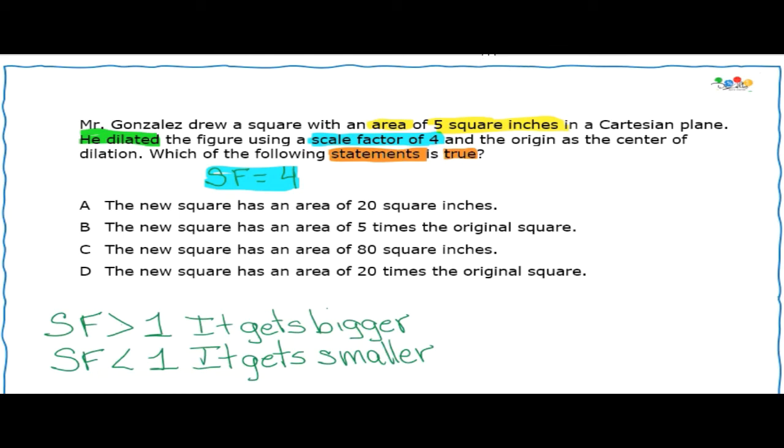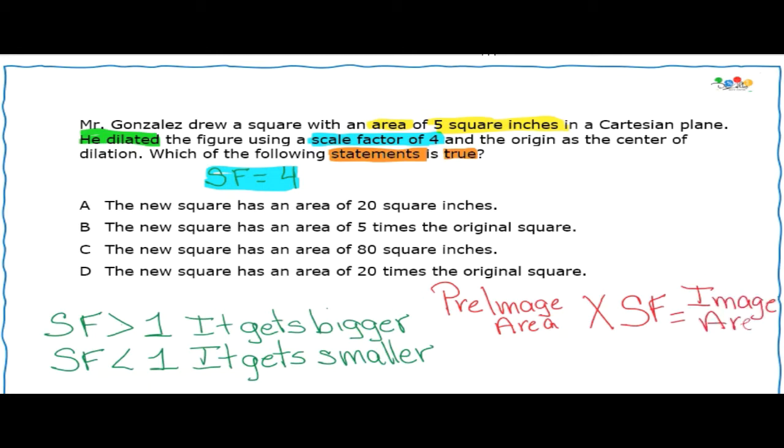If I know the original area of the pre-image, we're going to write down pre-image area. What I need to do to that is multiply it by the scale factor, and that will give me the image area. Now, don't forget that the scale factor needs to be raised to the second power, because we're not talking about linear.